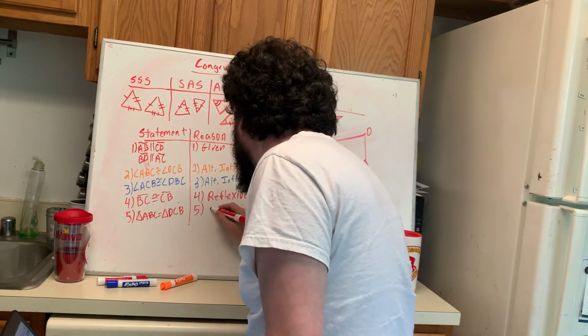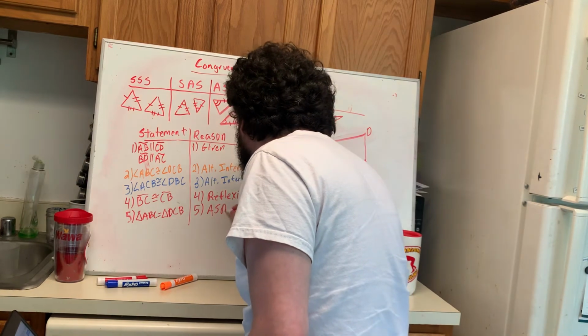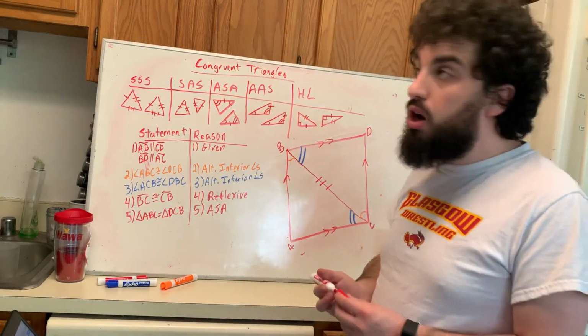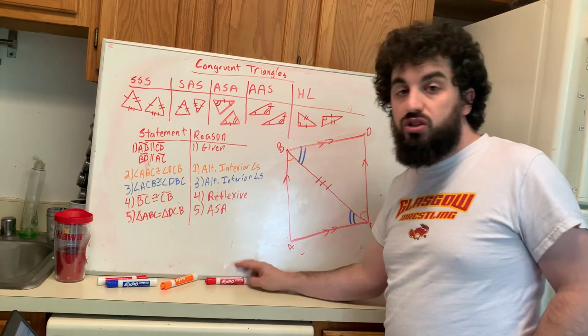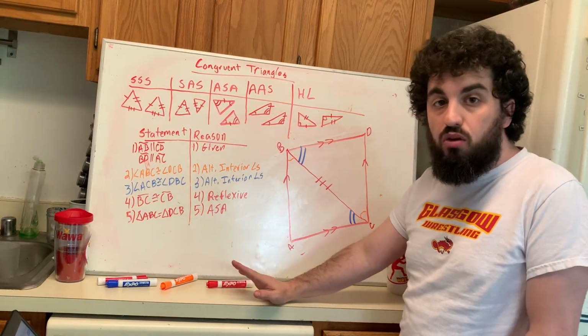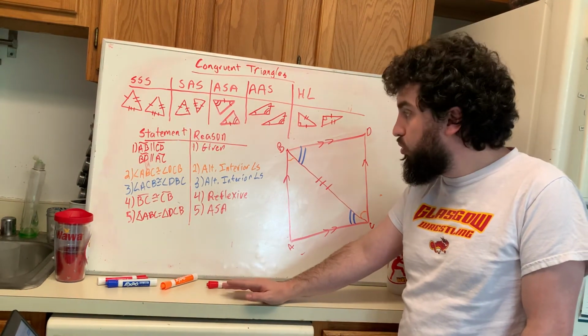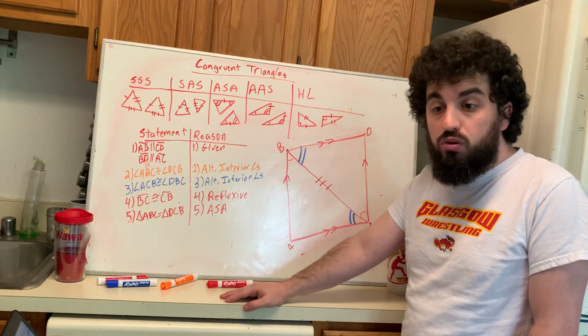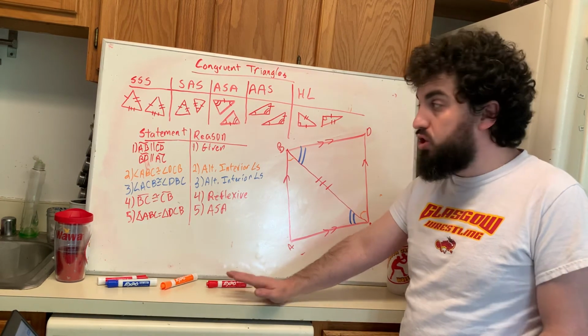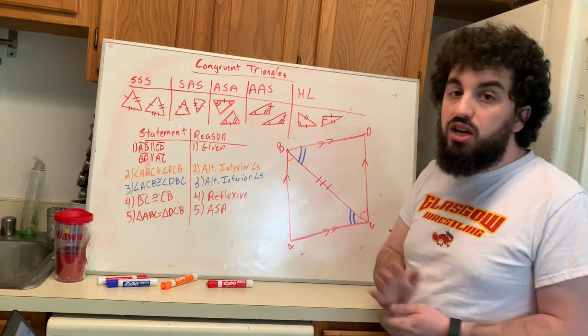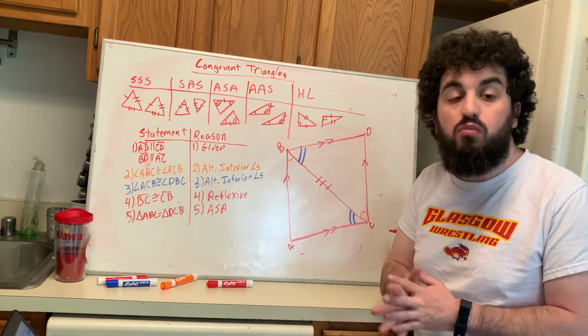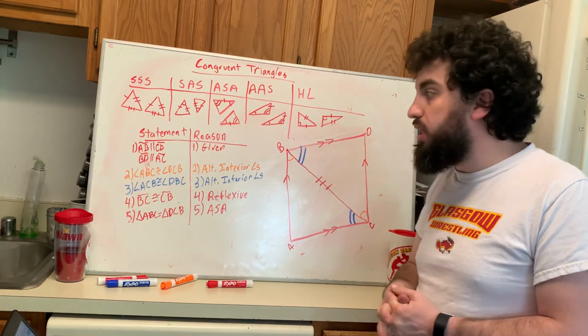So that is going to be by angle, side, angle. Now I know this is a lot of information to take in. I did not want to overwhelm you with the number of proofs I gave you, but you're welcome during our live sessions coming up to ask for more examples and more proofs if you do need them.